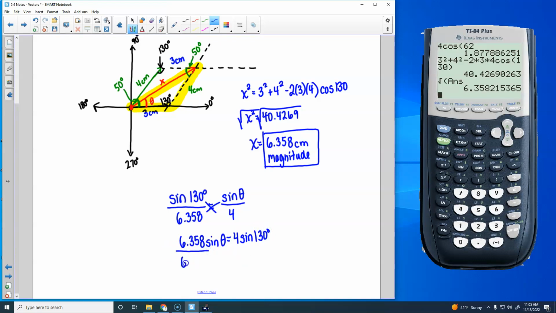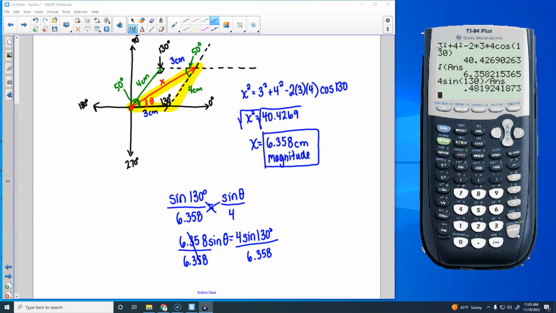We'll need to divide by our 6.358. And let's see, that's going to give us 4 sine 130 divided by that number right there. It's better if you keep the whole number in your calculator.